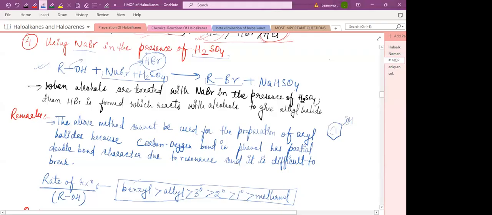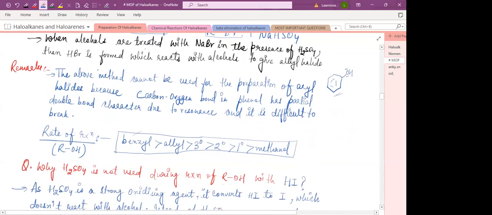So this has a partial double bond character due to resonance, and this oxygen is not free for protonation. It is very difficult to break this bond due to the resonance. That's why this method cannot be used for aryl halide. It is only used for the preparation of alkyl halide.